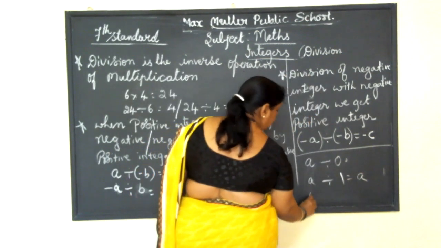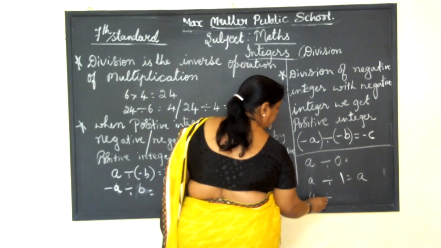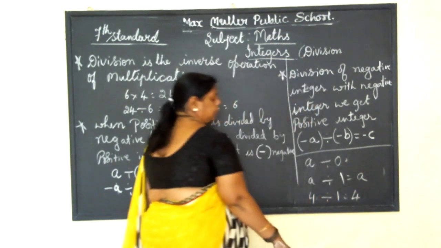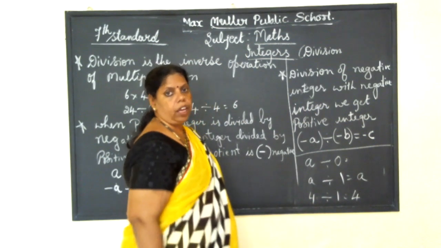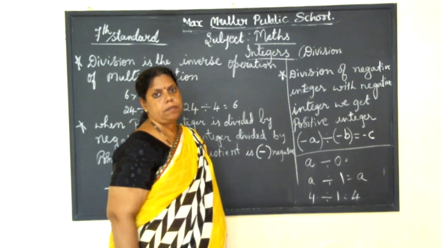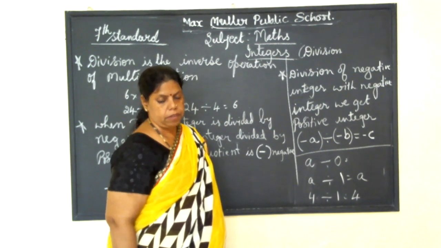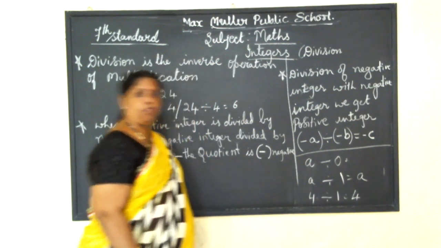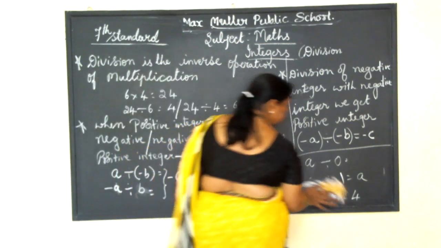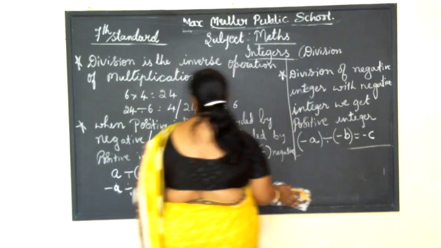That is 4 divided by 1, 4. Four ones are 4 only you get. Right? Okay.